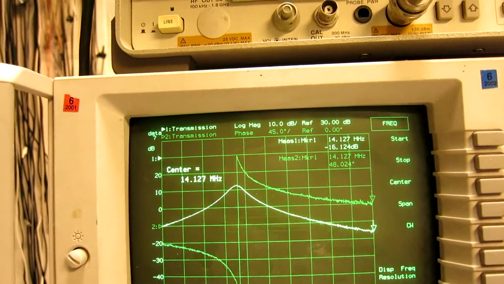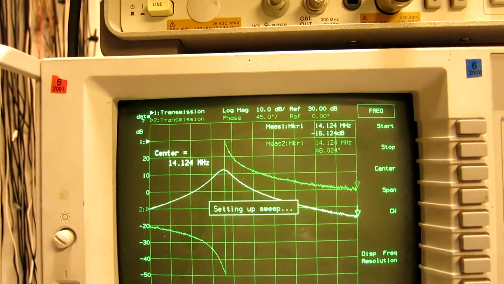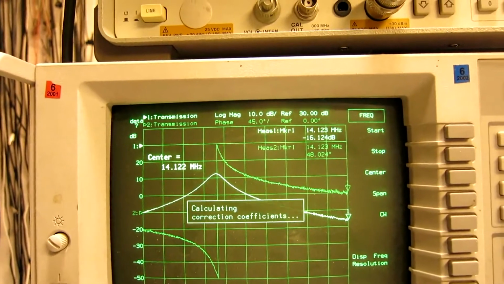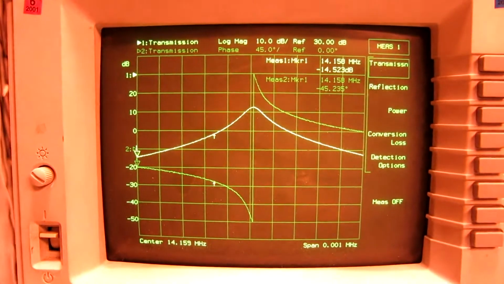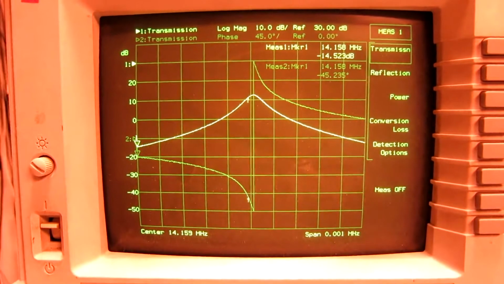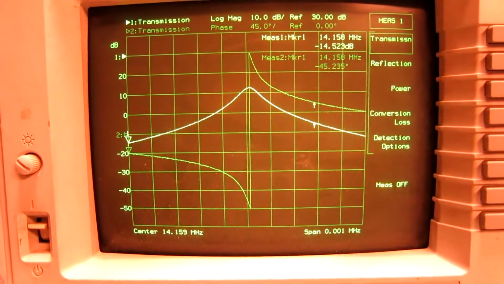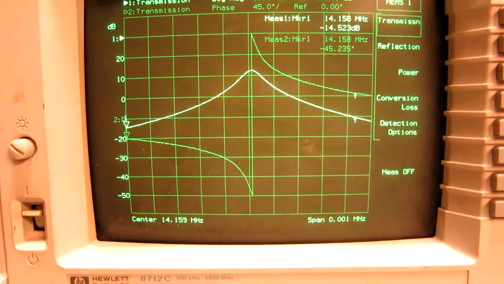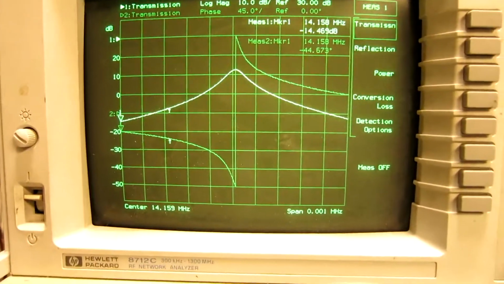Well, that was obviously very difficult for this machine. The span is now 500 Hertz, and the frequency 14.1585, and with 5 dB attenuation.